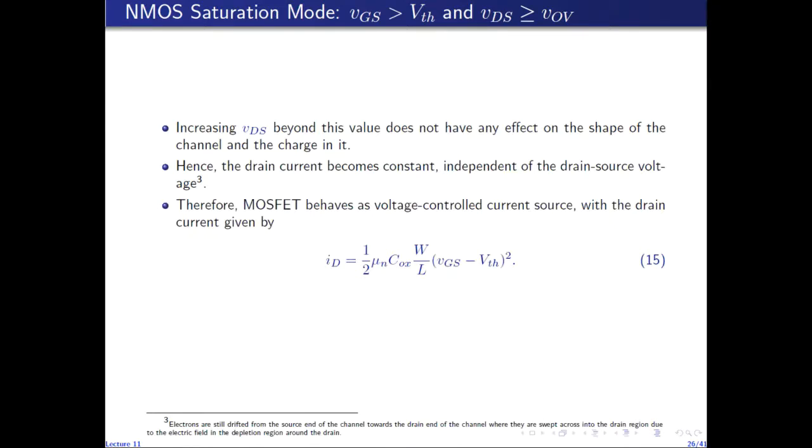So replacing VDS in that equation that we derived for the triode mode, we get this equation for the drain current. So we can see that it is independent of the drain to source voltage. So changing the drain to source voltage does not change the drain current. Hence, it becomes constant with respect to the drain to source voltage. However, it has a quadratic dependence on VGS.